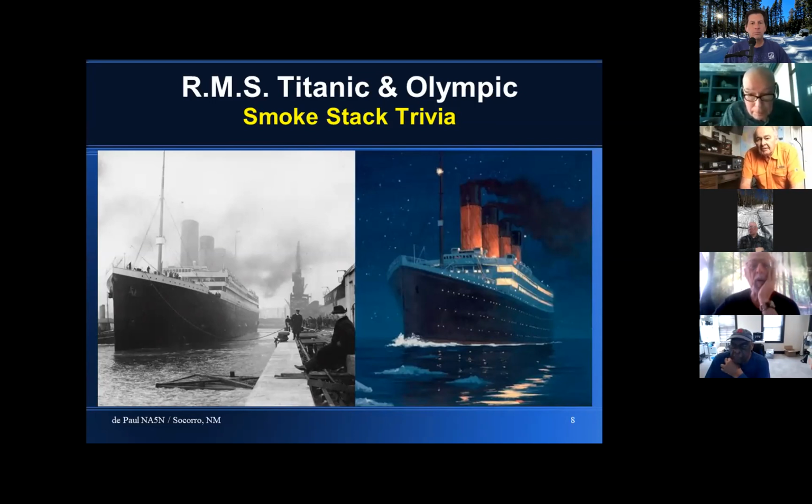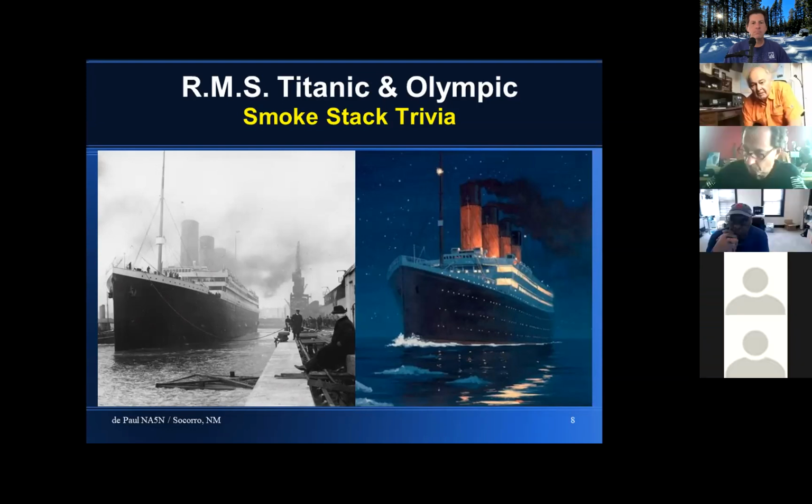The reason, well, first of all, the Titanic did not use 4 stacks. It only needed 3 stacks to vent its boilers. But the Lusitania, the competition at the time, was the fastest ship traveling the Atlantic in 5 days, and the Titanic was built basically to take that record away from it.